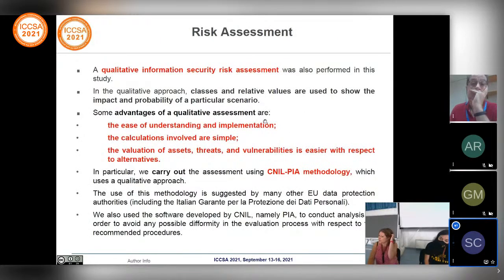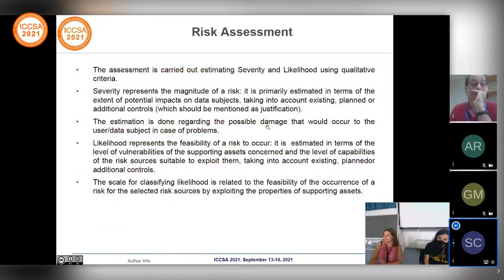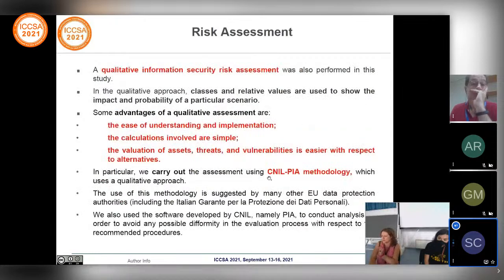Finally, we performed a risk assessment in order to evaluate whether the introduction of cryptography and pseudonymization in the blockchain can impact the security of the whole system. We adopted the CNIL-PA methodology for performing this risk assessment.